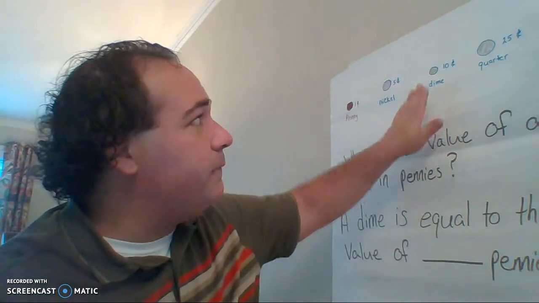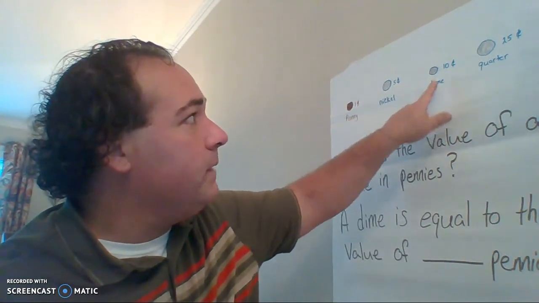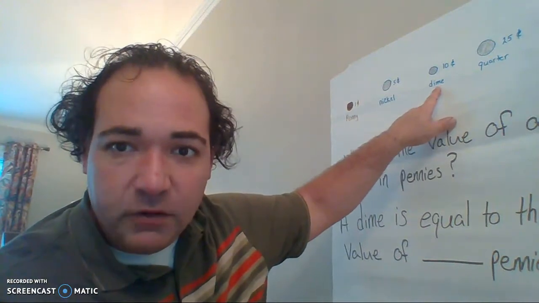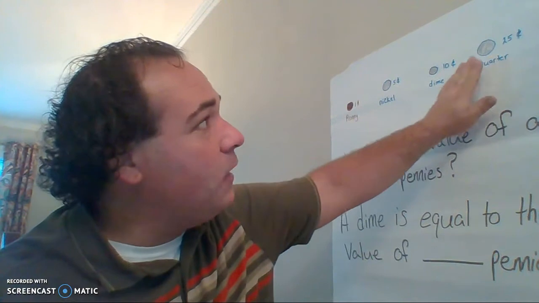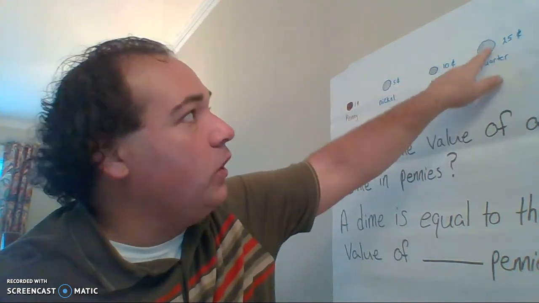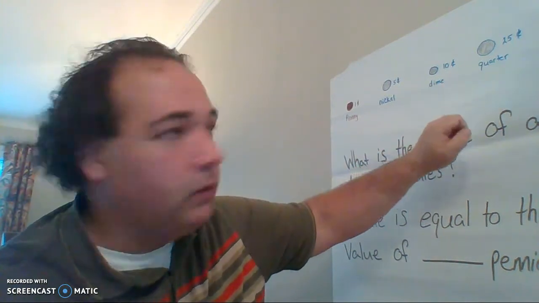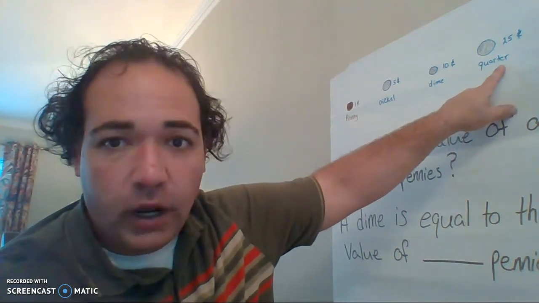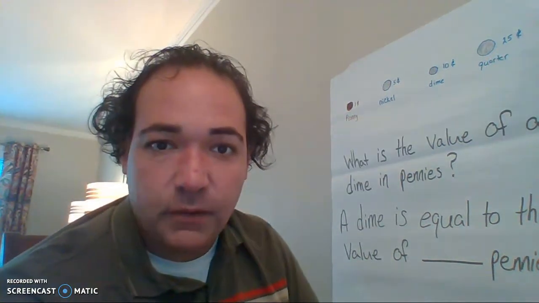And then I did the same for dime. I made my dime a little bit smaller than my nickel. I wrote the word dime underneath it, and a dime is worth 10 cents. And then over here for quarter, I drew the quarter a little bit bigger. I colored it in gray or silver, just like the dime and the nickel. I wrote the word quarter underneath it, and a quarter is worth 25 cents.